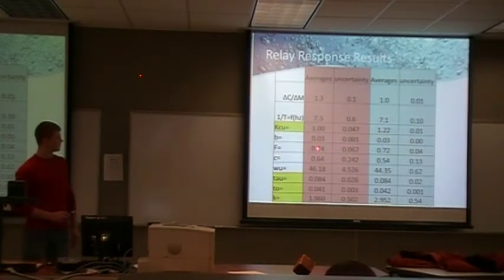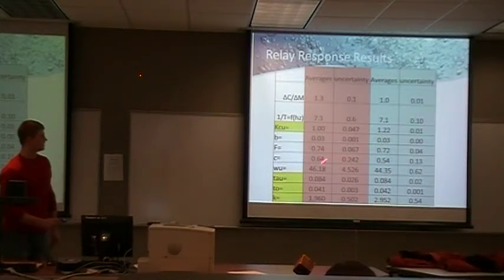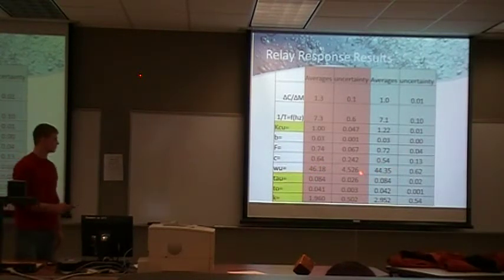F is 0.74, his is 0.72. C is 0.64, his C is 0.54. Uncertainty value is still low at this time. This is the omega: 46. His is 44. 46.18, 44.35. This uncertainty is large due to this value being typically large.